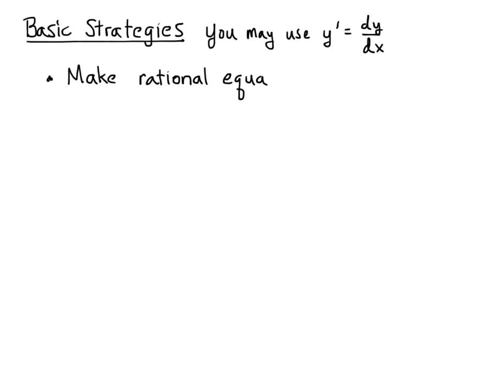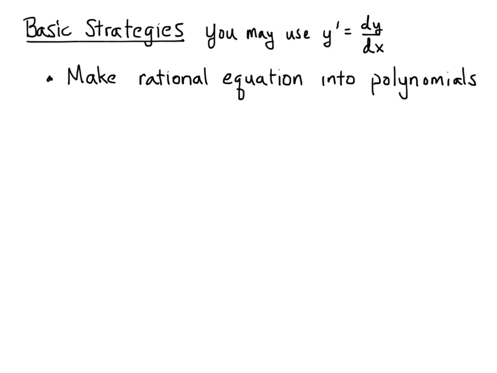So what you want to do is make a rational equation into a polynomial. What I mean by that is that if we have something like 2y equals 3x plus y over, let's say, y squared, you want to work this until you get a polynomial like 2y cubed equals 3x plus y.